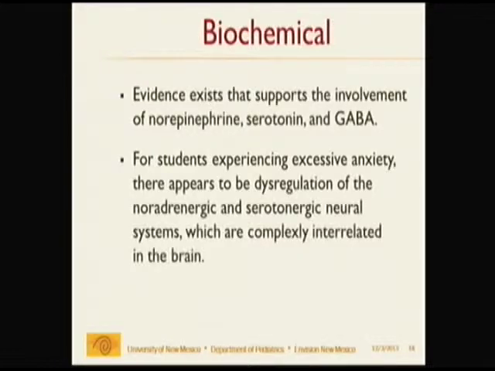For students experiencing excessive anxiety, there appears to be dysregulation of the noradrenergic and serotonergic neural systems, which are complexly interrelated in the brain. And therefore, again, psychotropic medications modulate these systems.